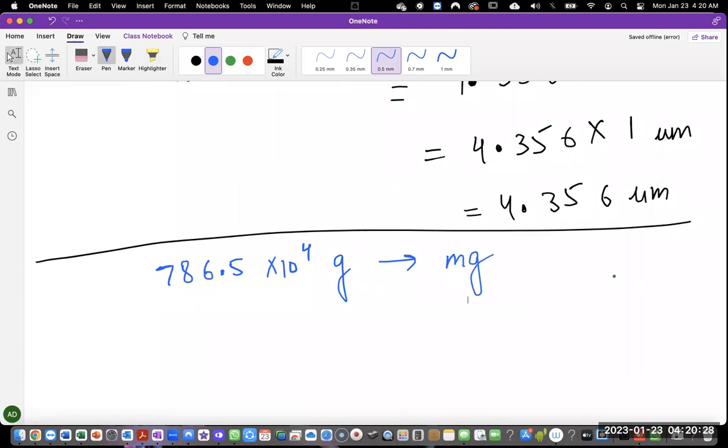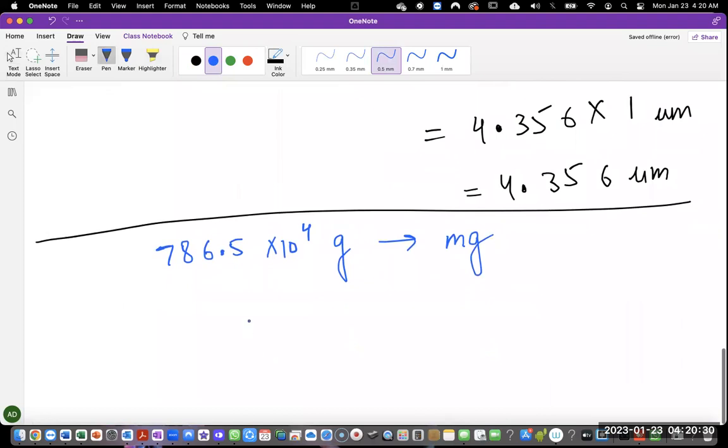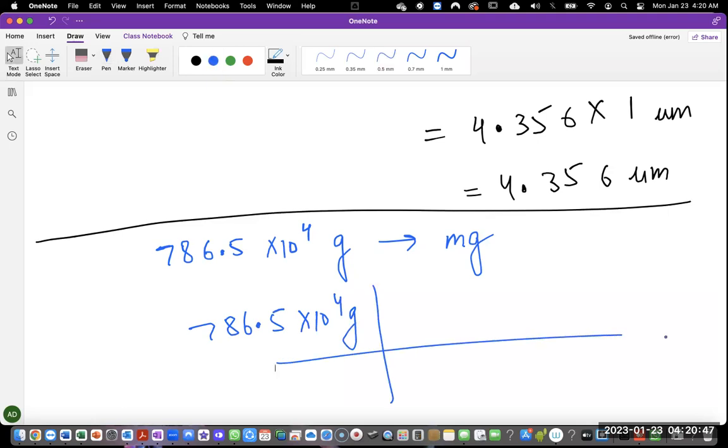Okay, all right, so let's try this. In this case, again, you can pause the video right now and give this a try, okay? All right. So 786.5 times 10 to the power 4 grams, and make the conversion chart.